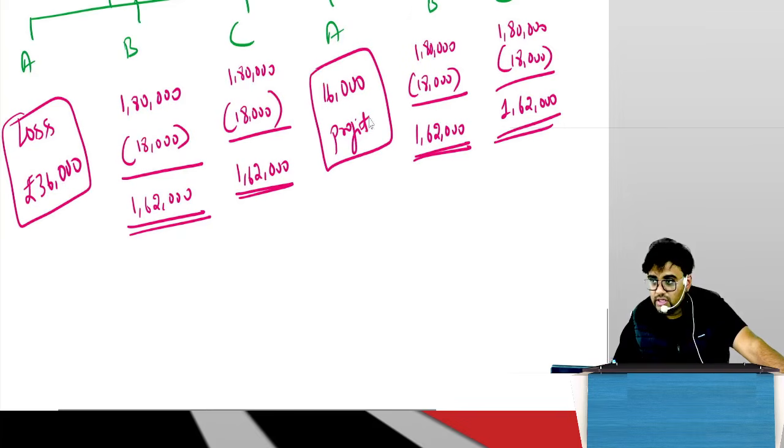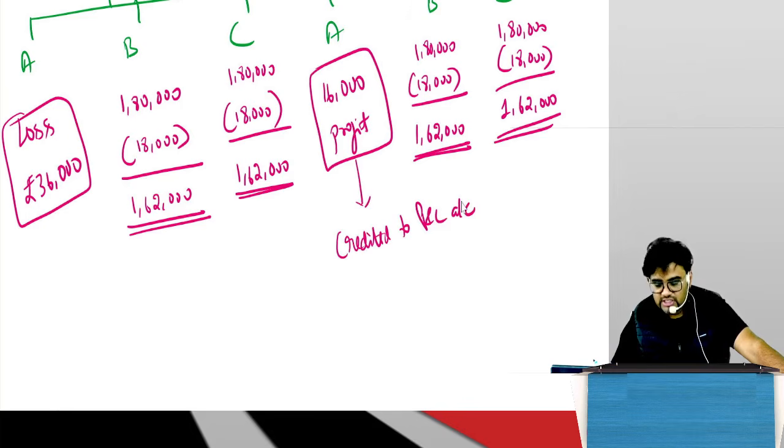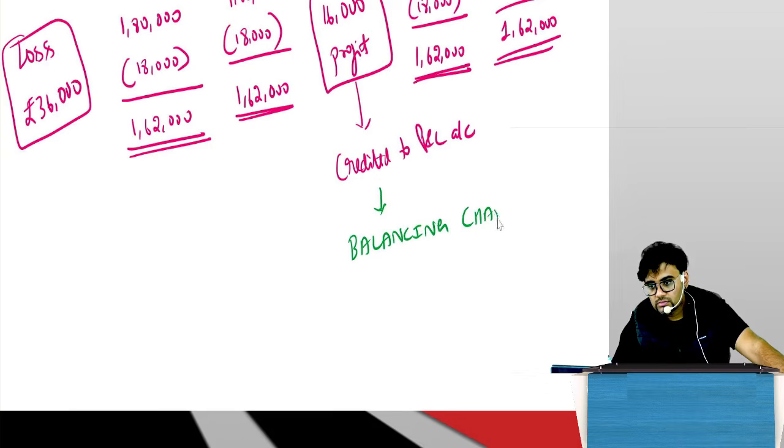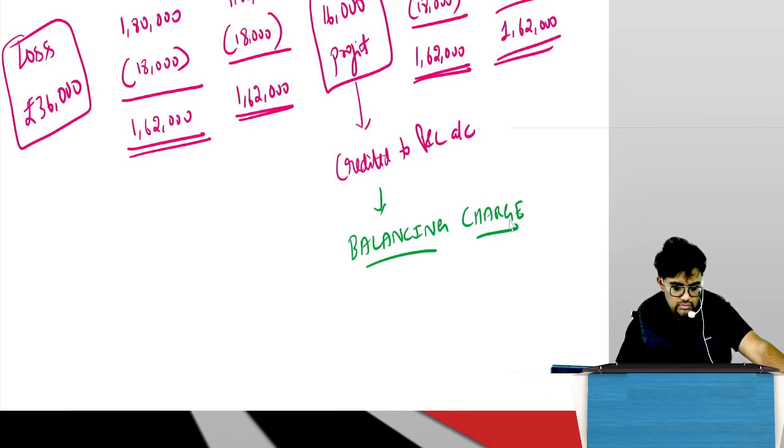So this 16,000 profit was credited to P&L account as balancing charge.